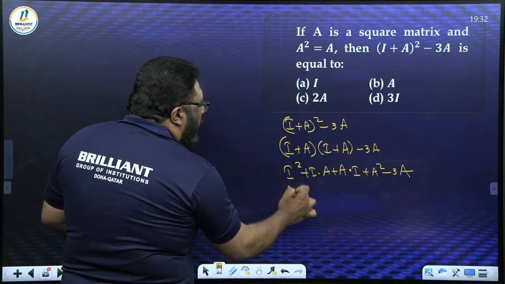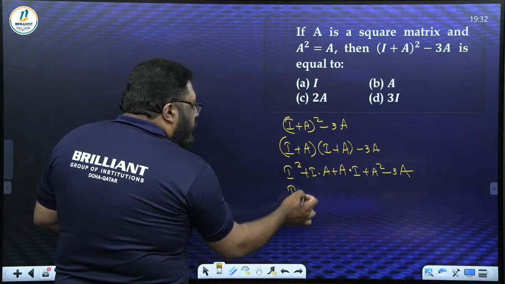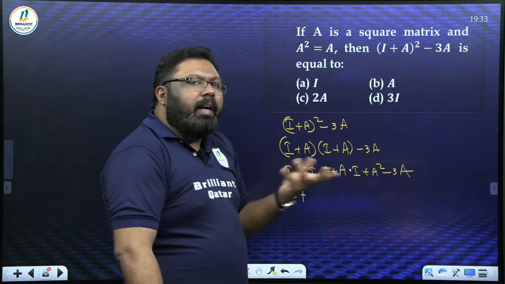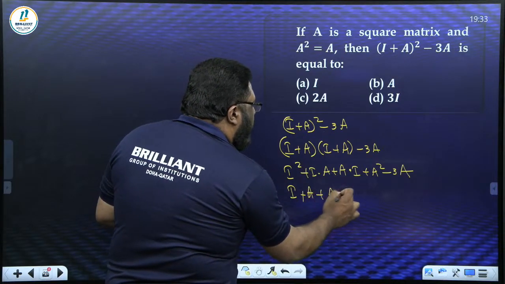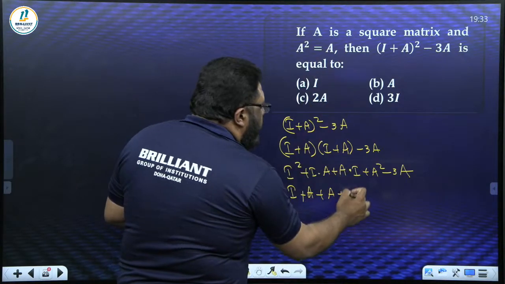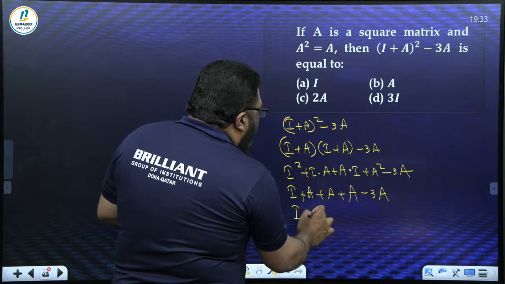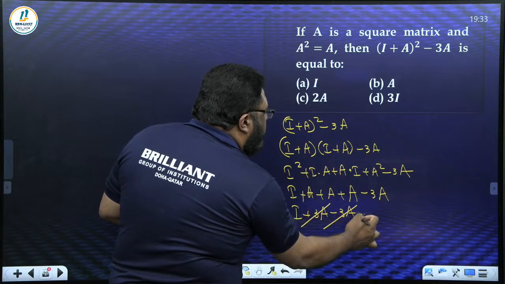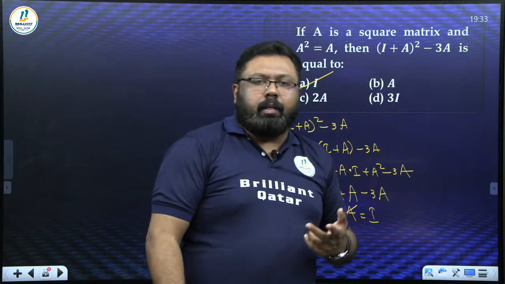So I squared is I itself. IA, AI, multiplying with identity matrix, the value doesn't change, A plus A, and A squared is again given as A minus 3A. So I plus 3A minus 3A. Cancel. Easy question. I. A normal bracket opening question.